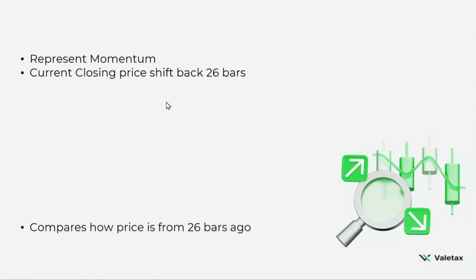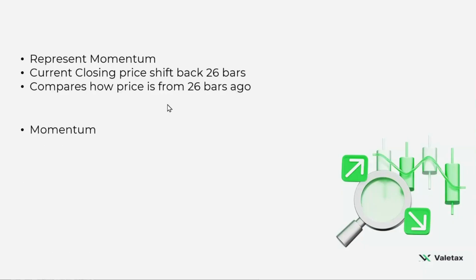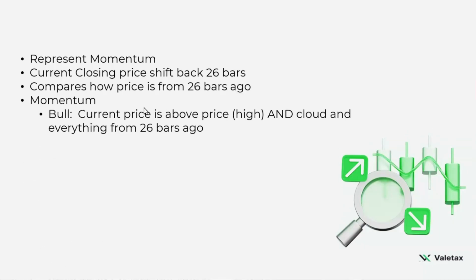So all this is still the same here, okay? The difference now is that before we were looking at current price and the momentum indicator, you want to make sure it's above the high of the bar in the past. But based on my experience, also make sure it's above everything else in the Ichimoku world.